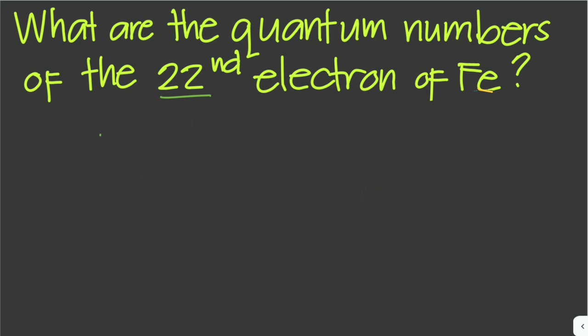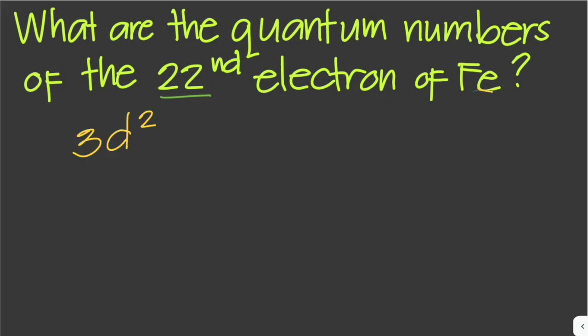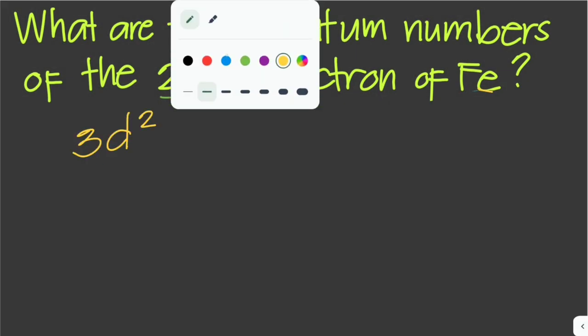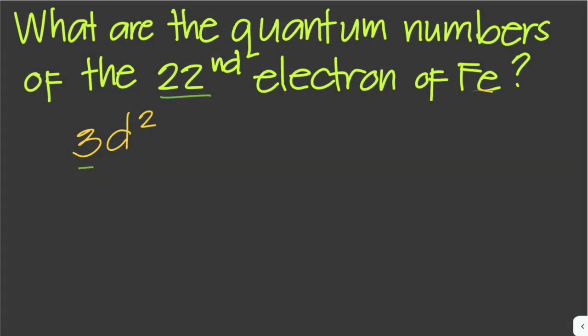Now for the principal quantum number, n here is the number in front of this electron. So n here is equal to 3. And then the value of L depends on the orbital s, p, d, f.